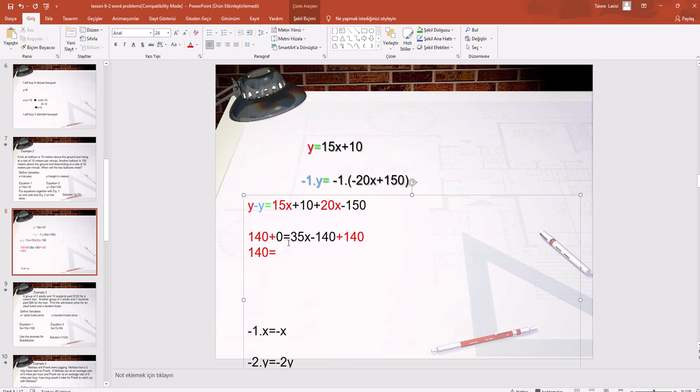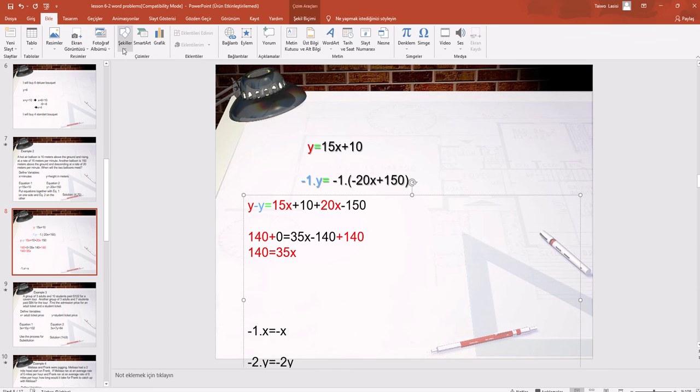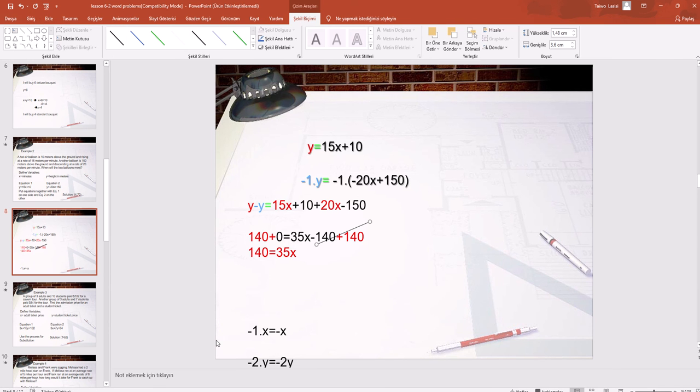So think what happened to the constants here. Minus 140 and plus 140 is 0.